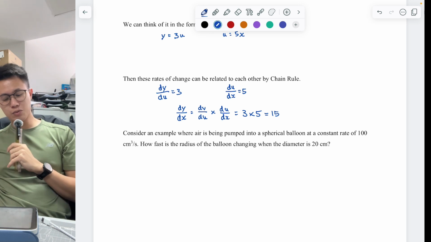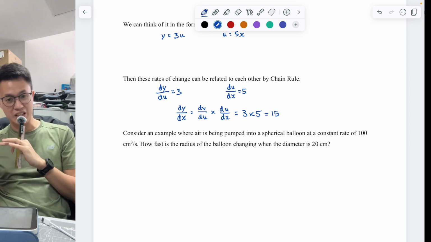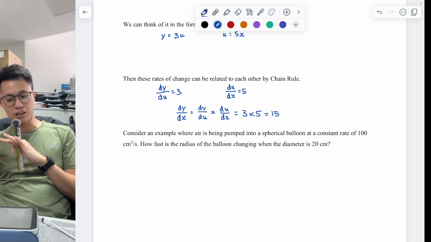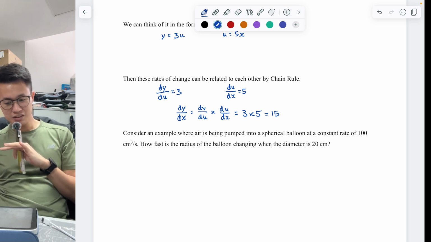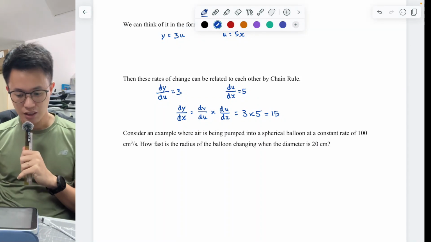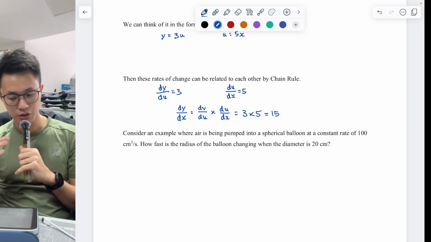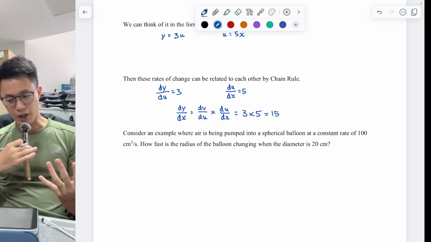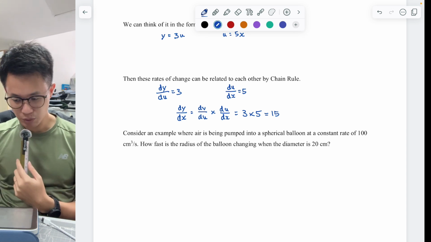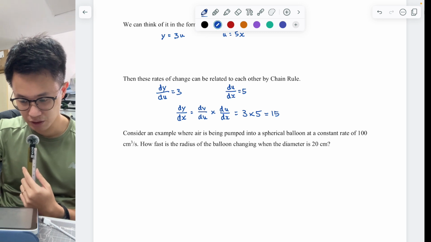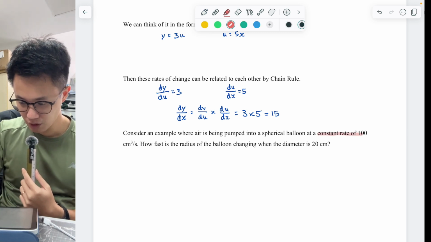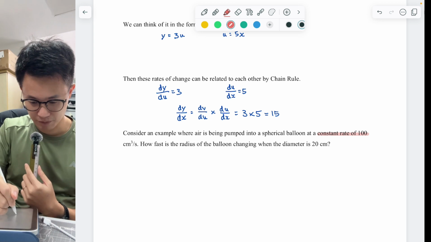We're trying to find the rate of change of the radius, in fact. In this case, what can we make sense of? There's no x, there's no y. What we know here is that there is a constant rate of 100 cm cubed per second.